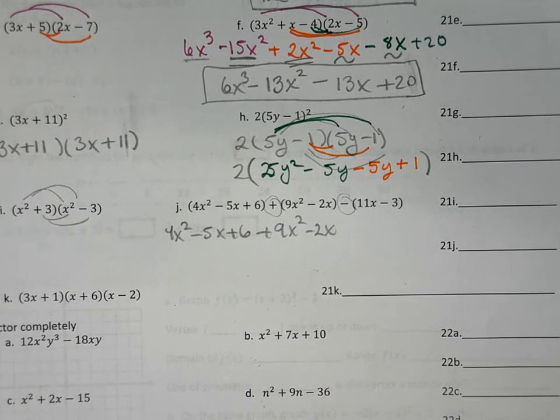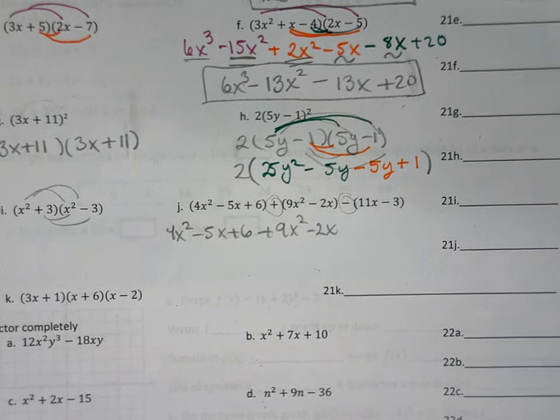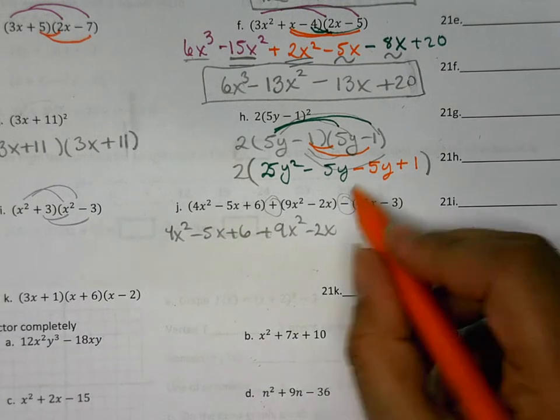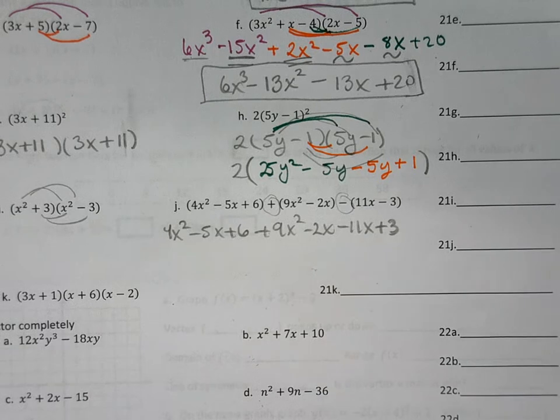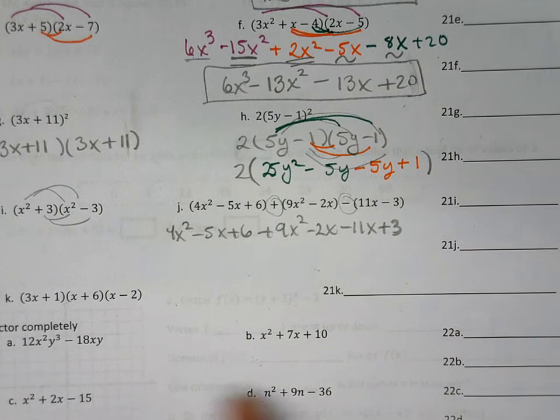And then what do I have to do on this next step here? Distribute the negative. So what does it become? Minus, plus 3. And what's the next step called? Combine like terms. Go ahead and finish this off and then do some of these factoring ones here.